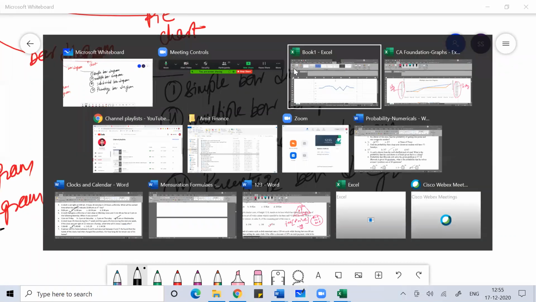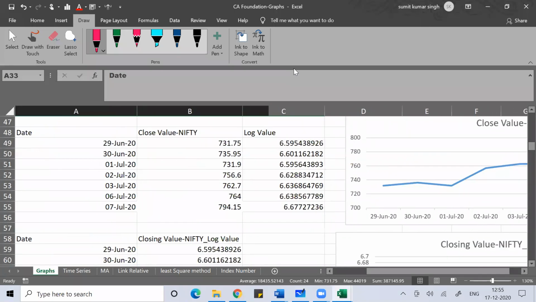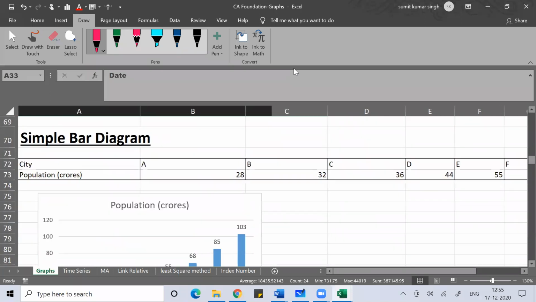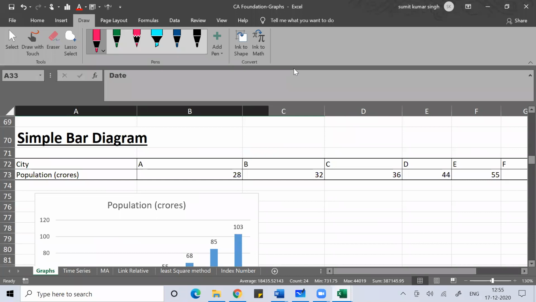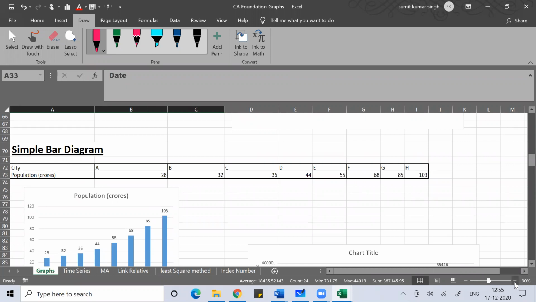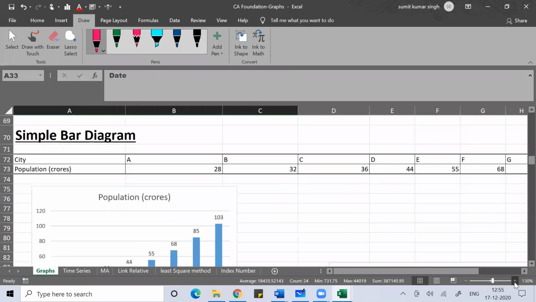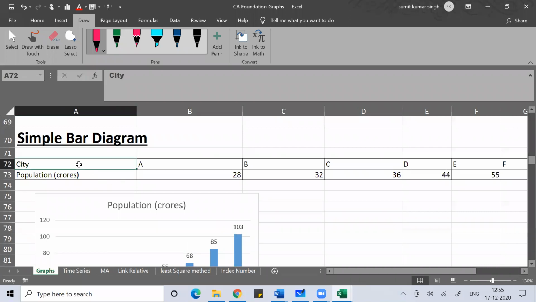Like the way we studied simple line diagram, the same way we can study simple bar diagram. Here you can see one variable, the city and the population.